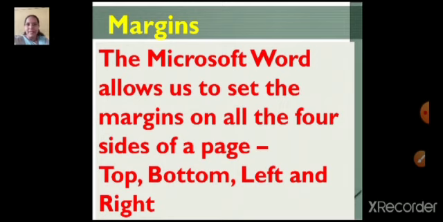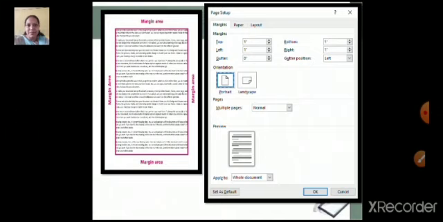Top, bottom, left and right. So this is the page margin which is available in all 4 sides of the page. MS Word by default automatically sets 1 inch of margin for top and bottom, left and right.